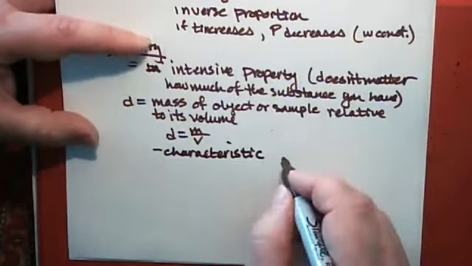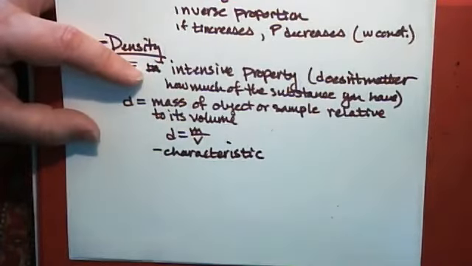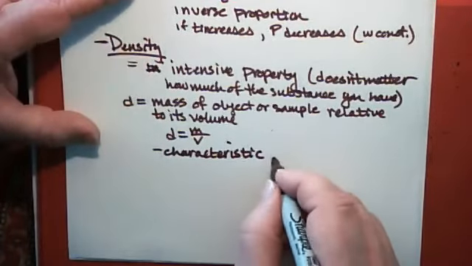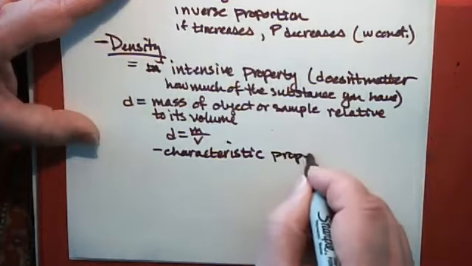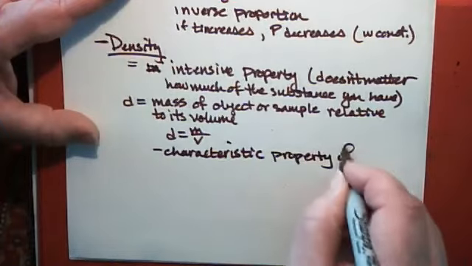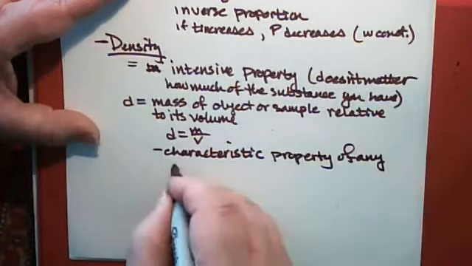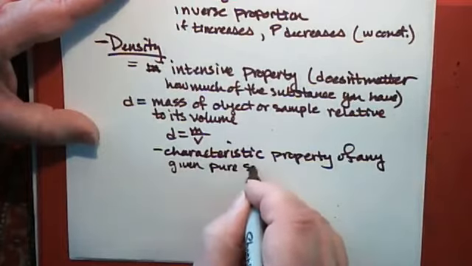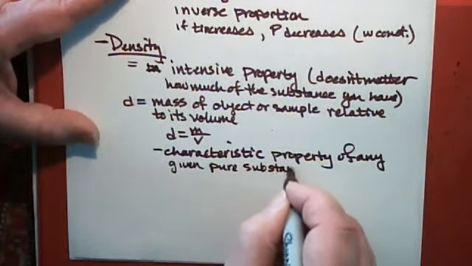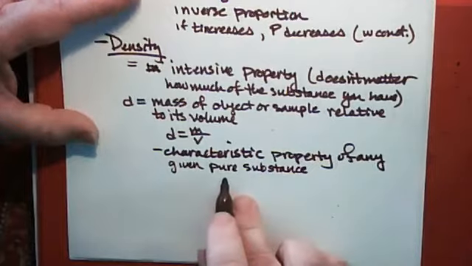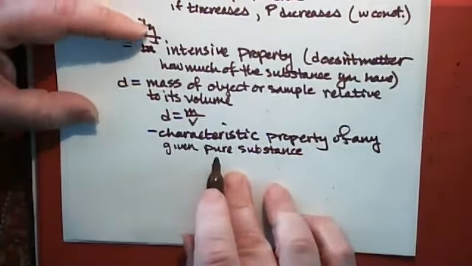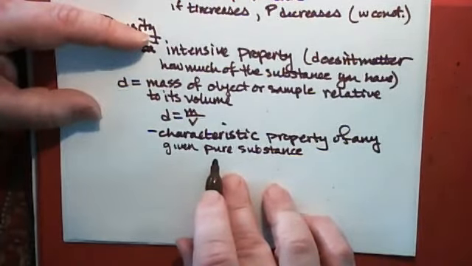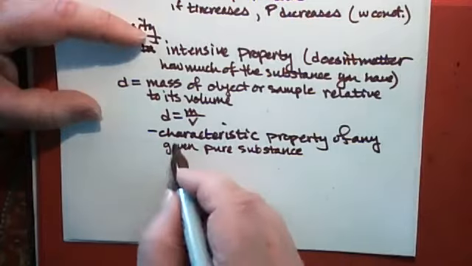Another interesting thing about density is that it is a characteristic property of any given substance. When we say substance, though, in chemistry, we usually assume that we're talking about a pure substance. So the substance would need to be pure.